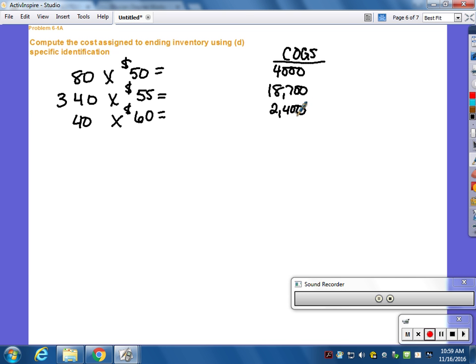And then you also had 120 units from the March 25th purchase, which was at what unit price? $62. So that means it was worth what? 120 times 62? 7,440. All of these numbers added up equal what?